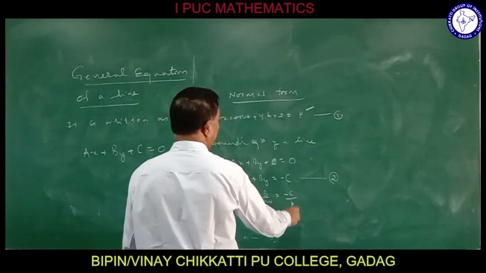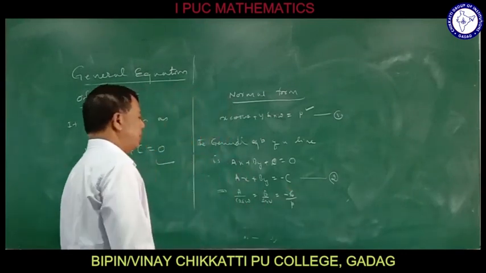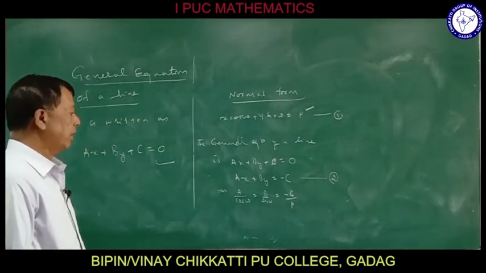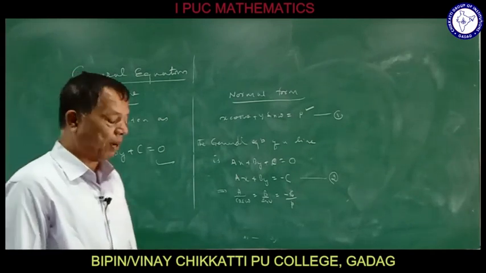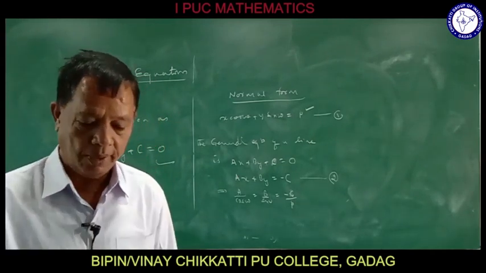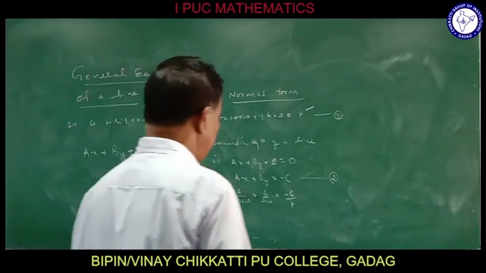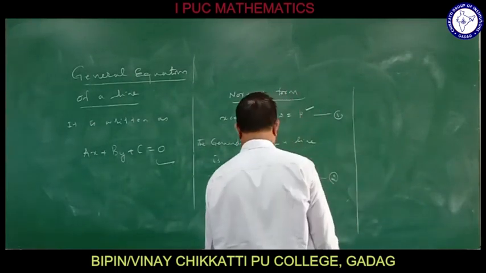So a by cos omega equals b by sin omega equals minus c by p. That is the case when you are writing the result and taking the coefficients in proportion.